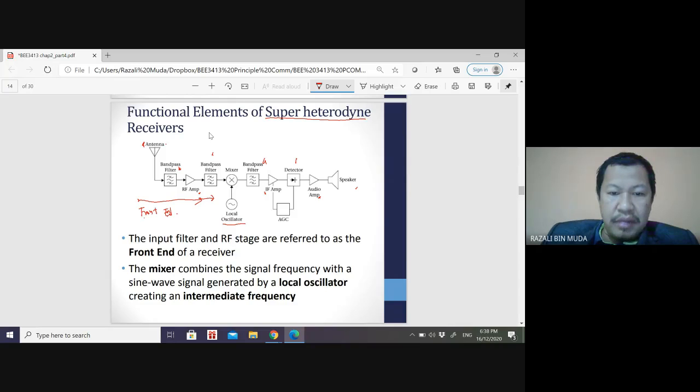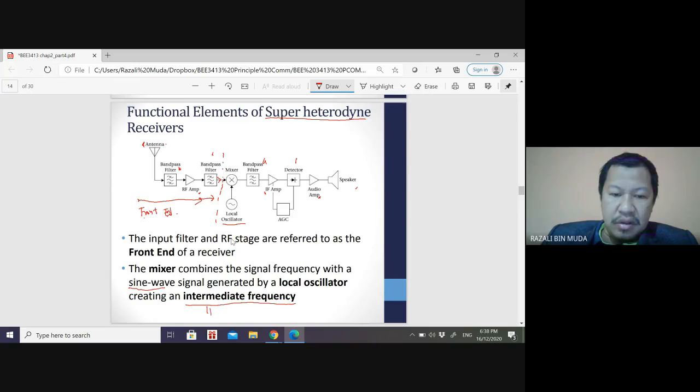The mixer combines the signal frequency with a sine wave signal generated by the local oscillator. The local oscillator always produces a sine wave, and this sine wave is combined with the signal from the RF stage, creating an intermediate frequency.